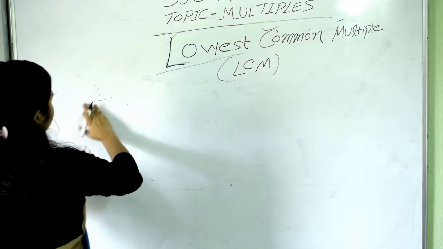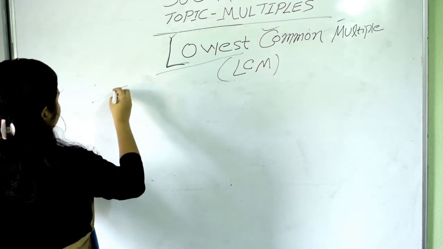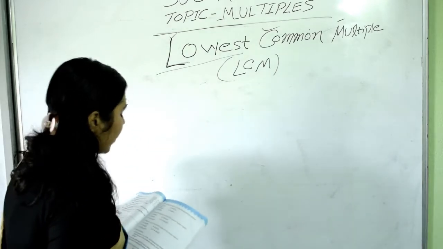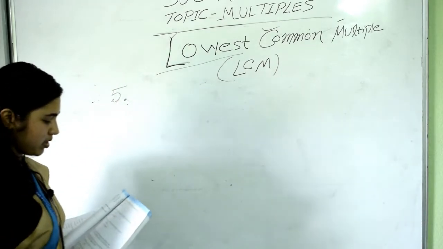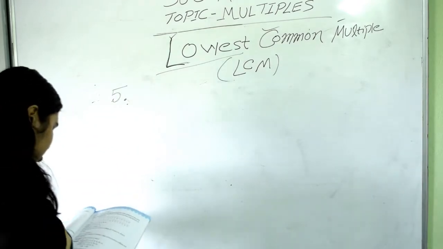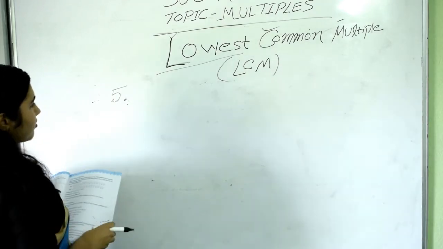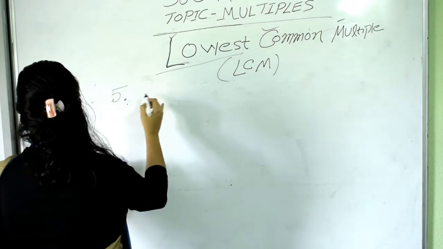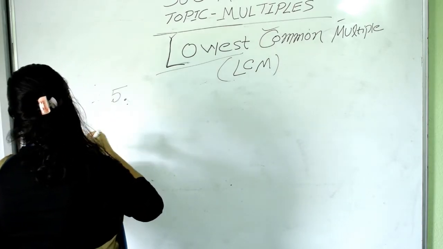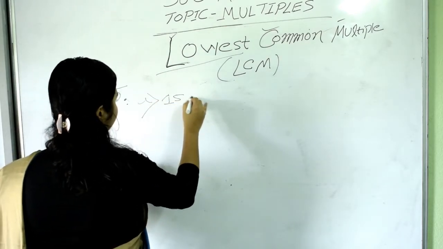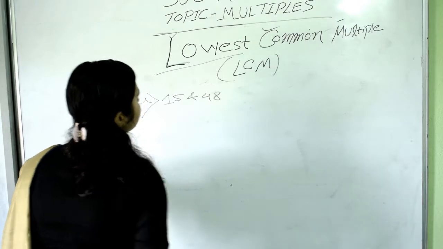Next, come to question number 5. Find the LCM of the following numbers by the prime factorization method. So what is the prime factorization method? Take any of these numbers. Suppose the first one, 15 and 48.